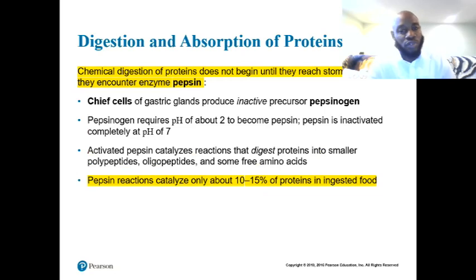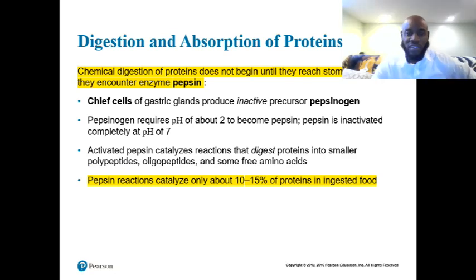All right, so let's move on to proteins. We talked about carbohydrates, now proteins, and these are all somewhat similar. Chemical digestion of proteins does not begin until they reach the stomach, where they encounter pepsin. Remember pepsinogen and pepsin. The chief cells of the gastric glands produce inactive pepsinogen, but when the pH drops to 2 because of the acidic stomach, it becomes pepsin.